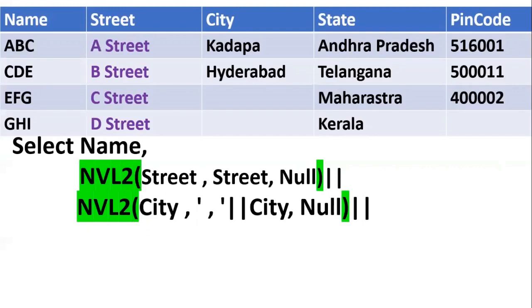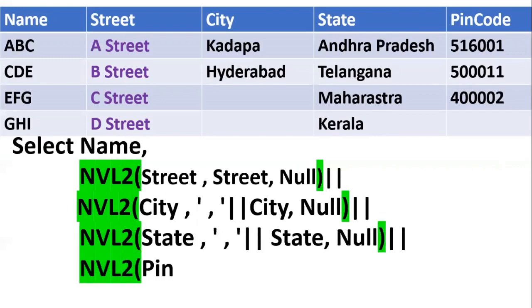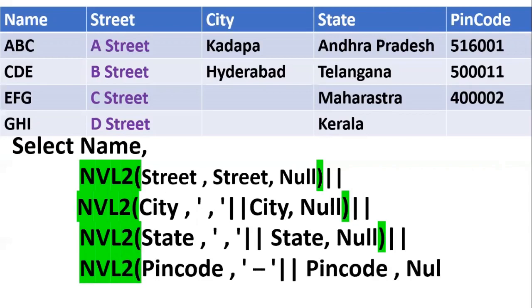For the third record, we see that the city field is null. So if it is null, it won't append the comma. It will directly pick the null value. The same for the state. And for the pin code, for the fourth record, we don't have the pin code. So if the pin code is null, it will pick the third parameter, that is null.